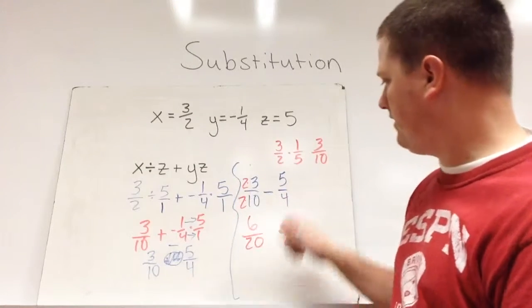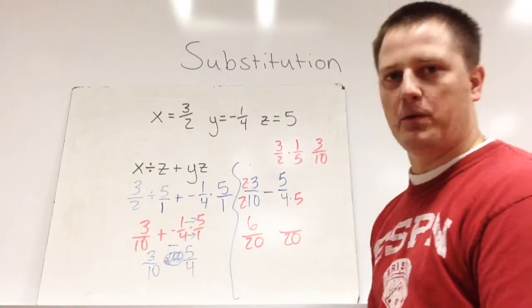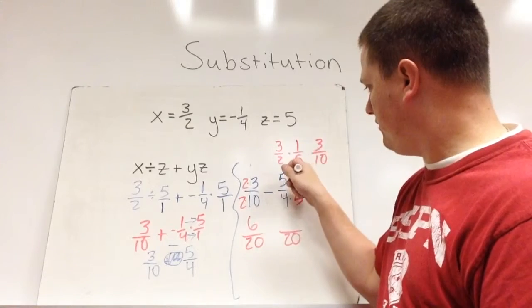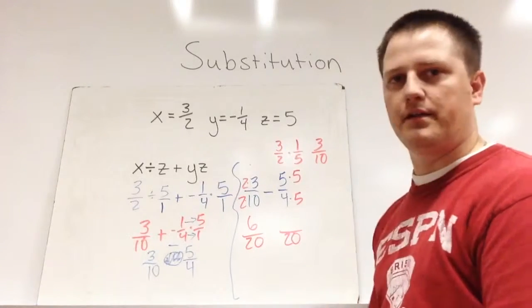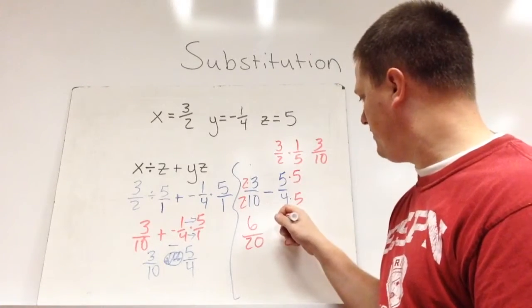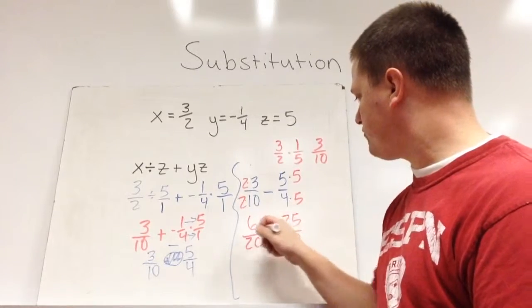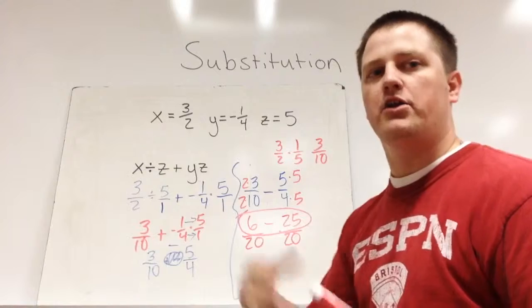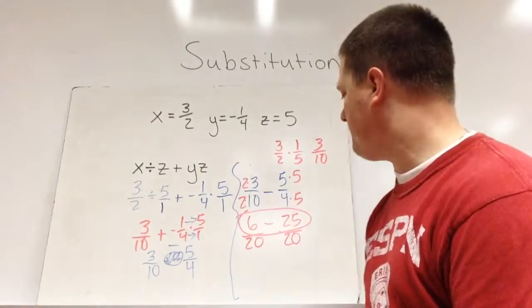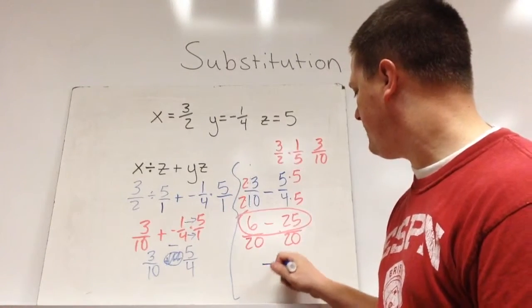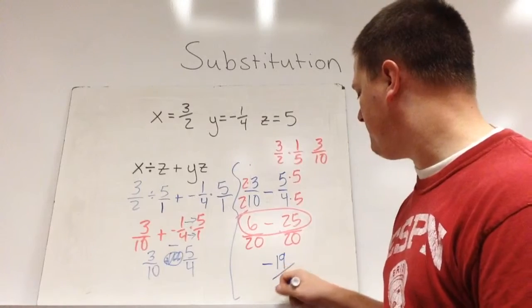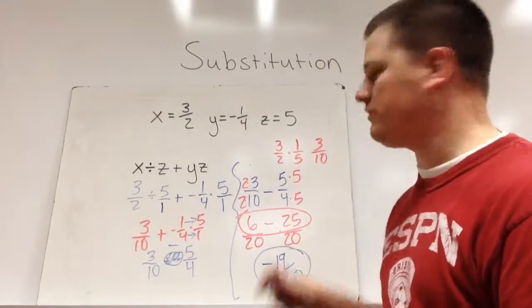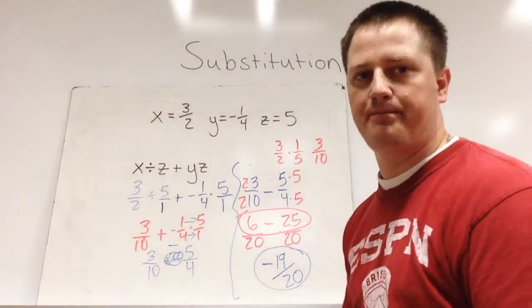You get 6. Multiply by 5 for 4, and you get 20. So do the same thing to the top. 5 times 5 is 25. We're subtracting, so here's our math problem. 6 minus 25. Use your AB rules, and we should get negative 19. Keep our denominator of 20. Our answer is negative 19/20.